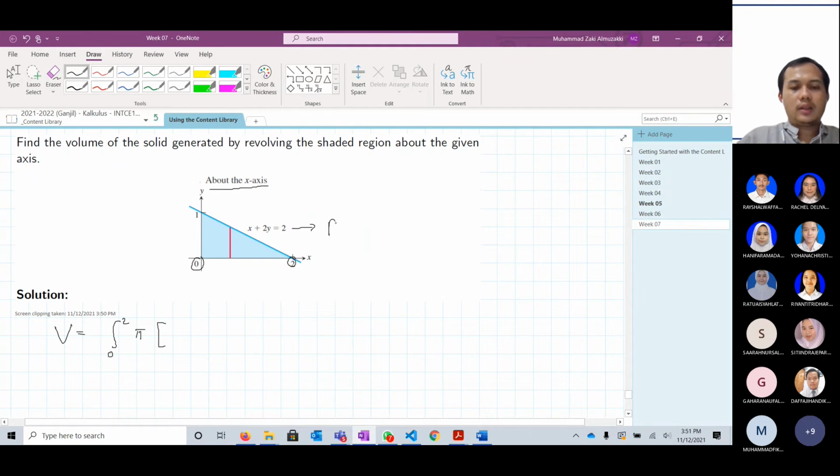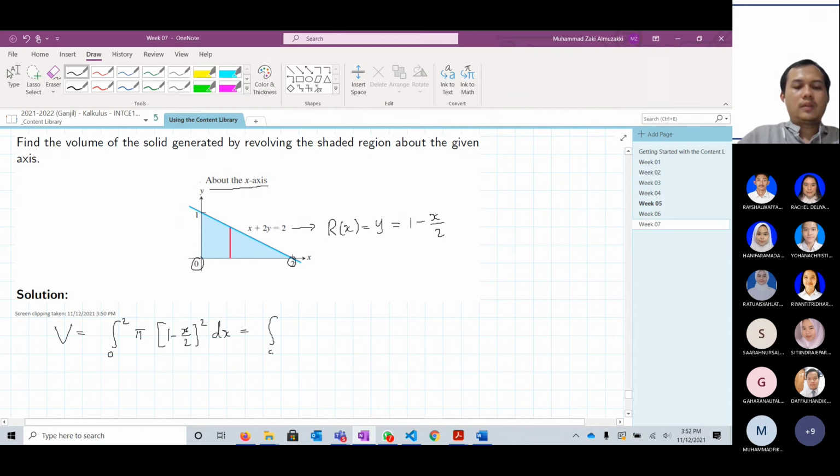Here r of x is equal to y, which is 1 minus x over 2. So 1 minus x over 2 squared dx.